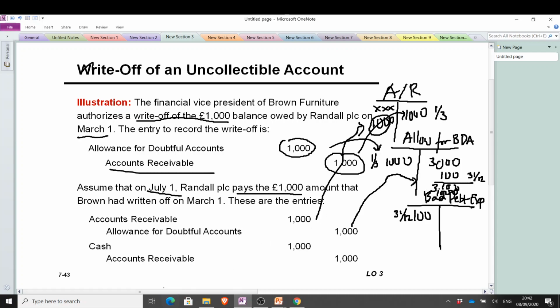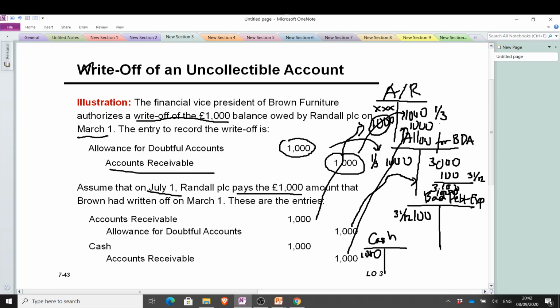Then we record cash as much as the money that we receive, and we credit our accounts receivable again.